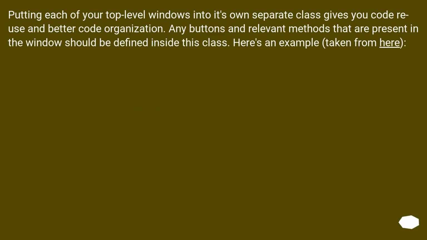Putting each of your top-level windows into its own separate class gives you code reuse and better code organization. Any buttons and relevant methods that are present in the window should be defined inside this class. Here's an example, taken from here.